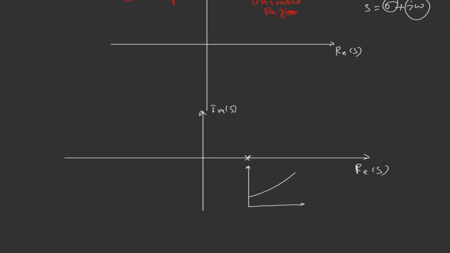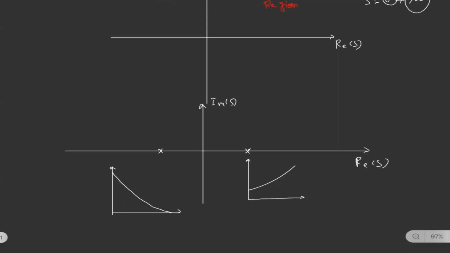If the poles lie on the left hand side, the negative real axis, I can say the response will be converging, or an exponentially stable system, we can say.